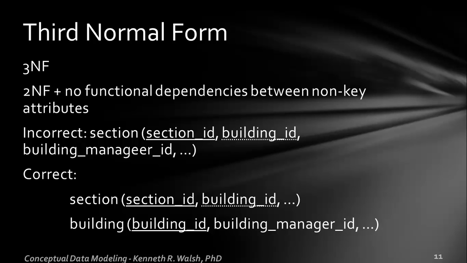Building ID, which is not the key attribute, determines building manager. Therefore, building manager is in the wrong relation. The corrected form: section ID, primary key, building ID, not a problem. Building manager is moved to the building relation. The building relation has building ID as a primary key, and now building manager is functionally dependent on building ID.